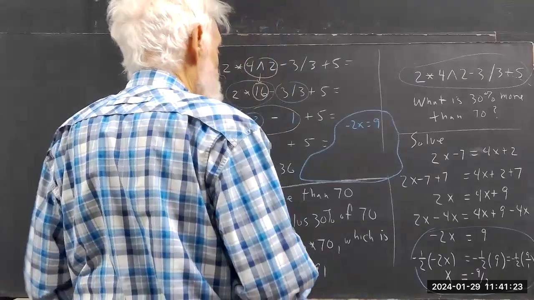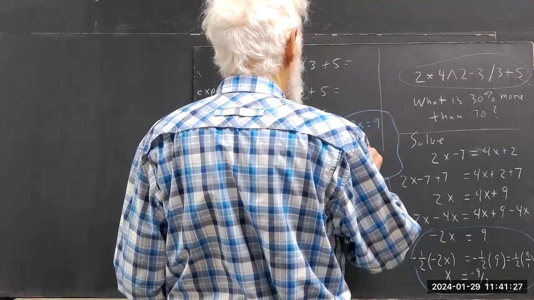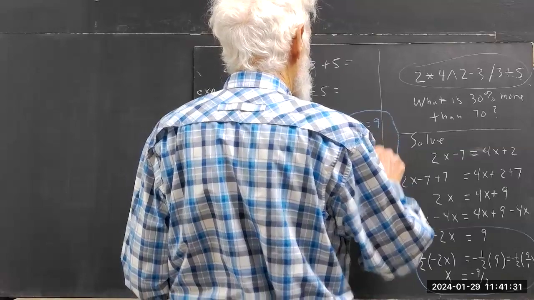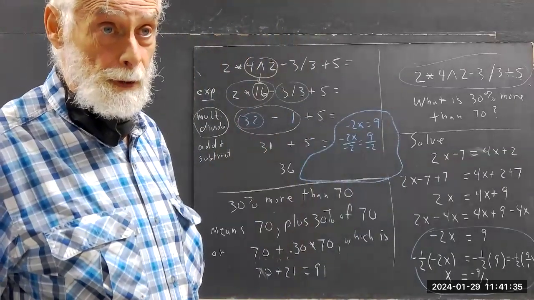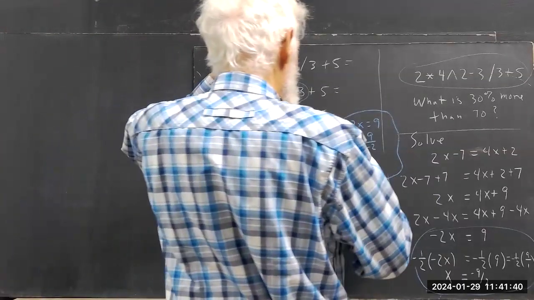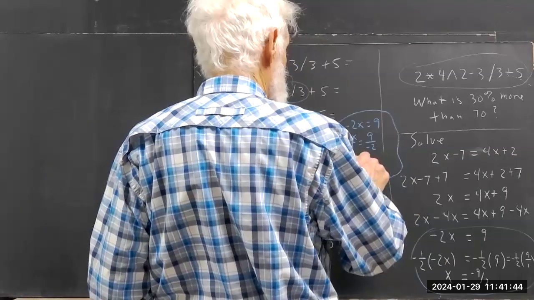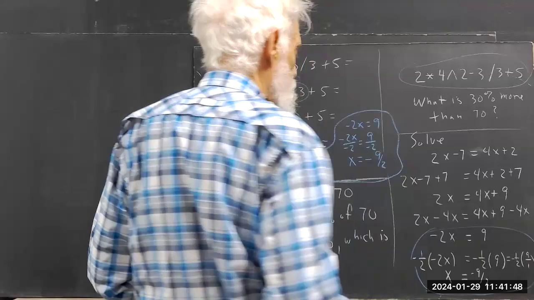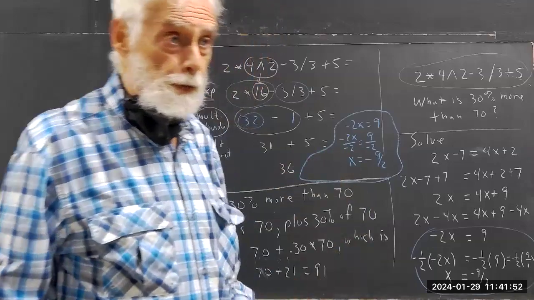It's also possible to do this just by dividing both sides by negative two. I don't have to use the fraction. Negative two divides into negative two, giving you one, leaving you X, and nine over negative two is negative nine halves. So it doesn't matter if I multiply by negative one half or divide by negative two, I get the same thing.